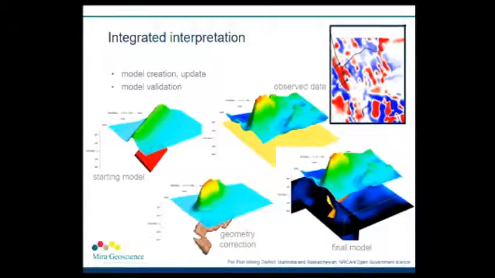So we'll do things like a geometry correction. And for that, we're using our software VPMG, which can take geophysical data and directly start moving the structures around, really take a geological wireframe and alter the geometry of that wireframe so it better matches the geophysical data. So a simple geometry correction is shown there, and you can see right away that we're better matching the anomaly.